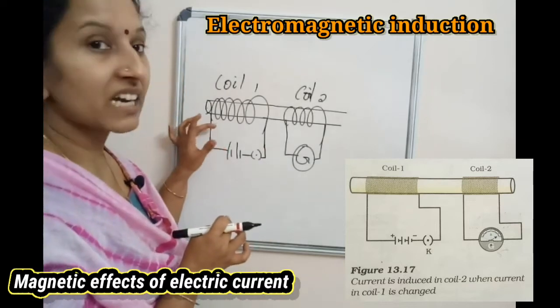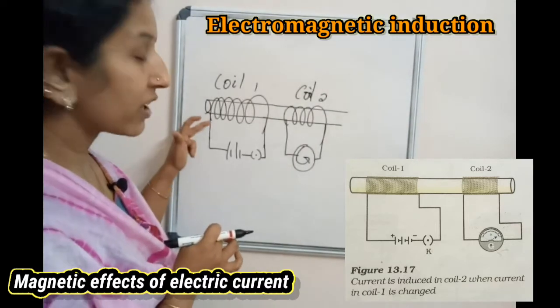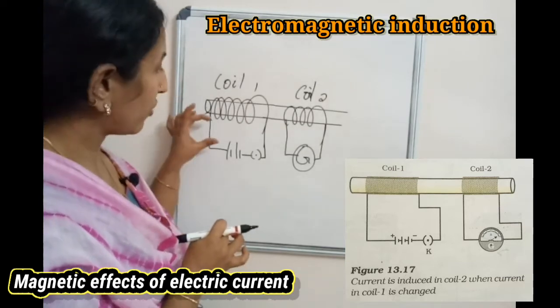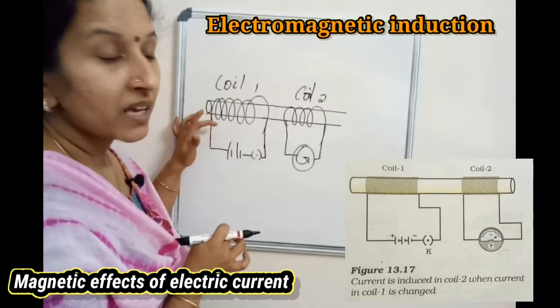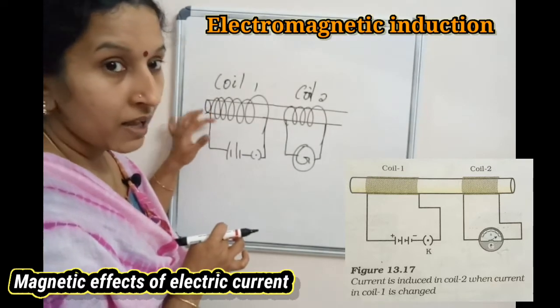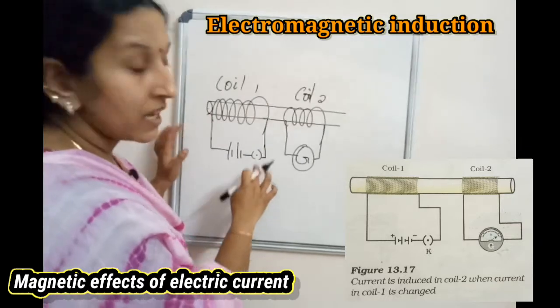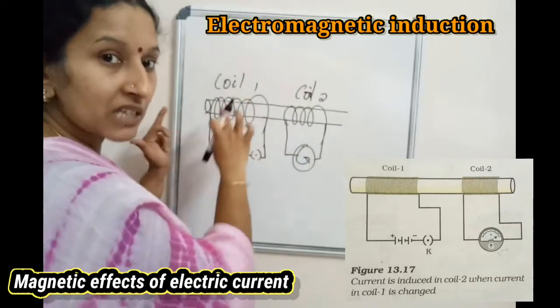So when we change the current of the primary coil, how can we change the current? By plug in or plug out, right? When we change the current, the magnetic field around the coil changes.